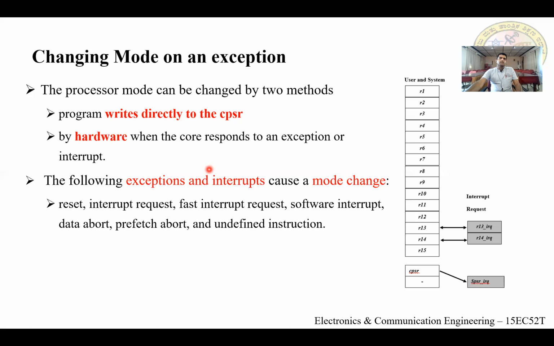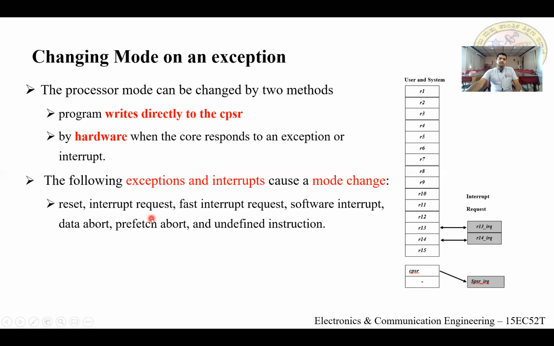Then, what are the conditions to change from one mode to another mode? Here the list is given: reset, interrupt request, fast interrupt request, software interrupt, data abort, prefetch abort, and undefined instruction.